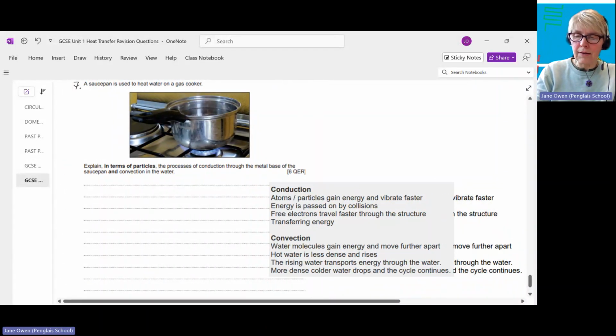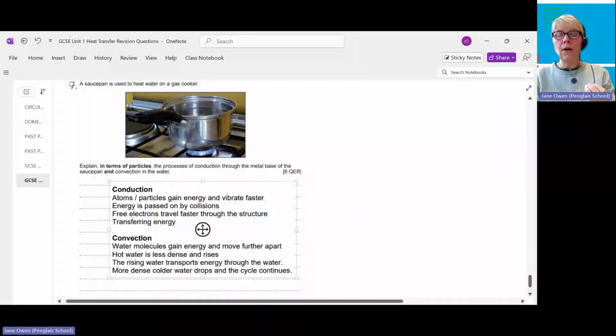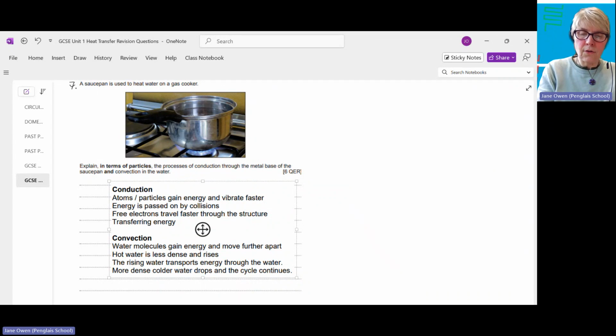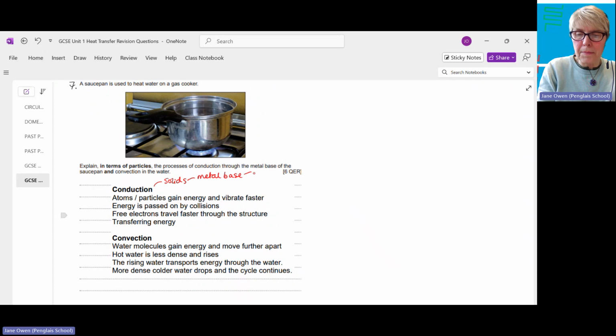As long as you address all of these points for conduction: conduction happens in solids, in the metal base, in that copper. As long as you relate it to the specific question, then you'll get your marks.